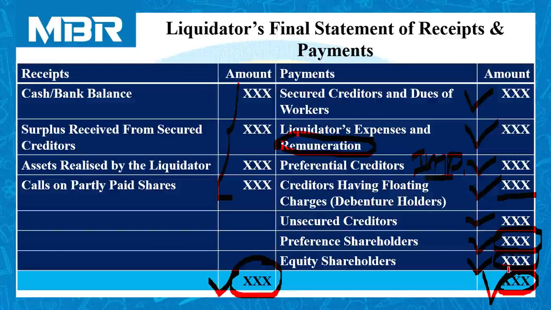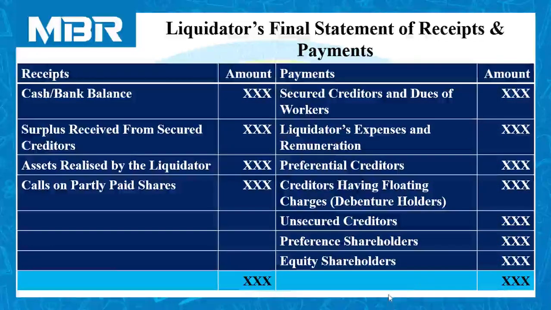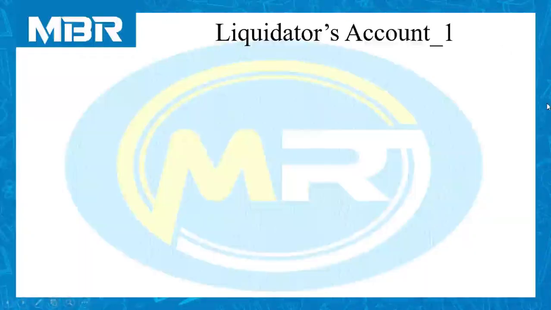Then unsecured creditors, preference shareholders, and at last we need to pay amount to real owners of the company, equity shareholders. After discussion of pro forma regarding liquidator's final statement of receipts and payments, let us move to the first practical question of liquidator's account.